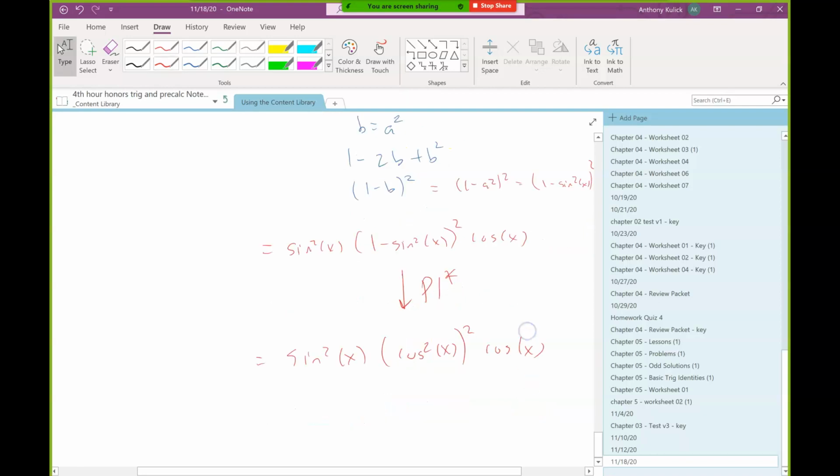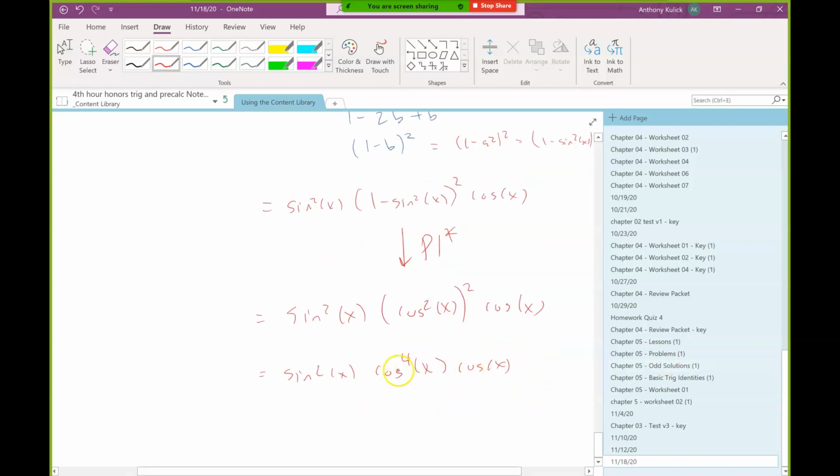And cosine squared squared, well, that's just cosine squared times cosine squared, which is cosine to the 4th. And cosine to the 4th times cosine to the 1st is cosine to the 5th. And that's what we were looking for.